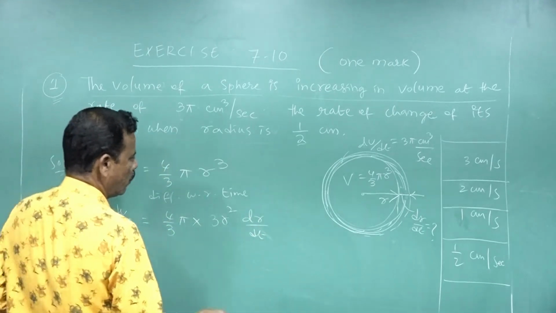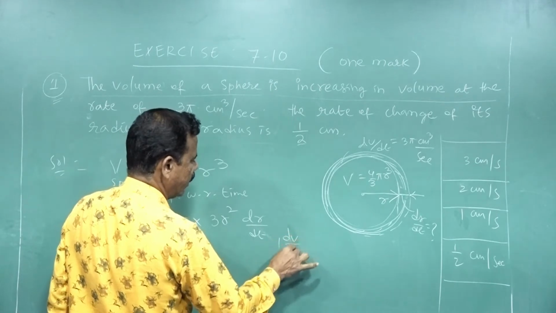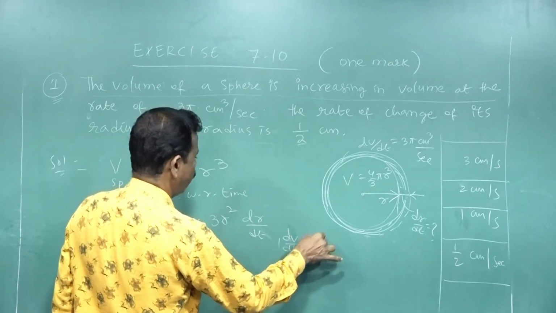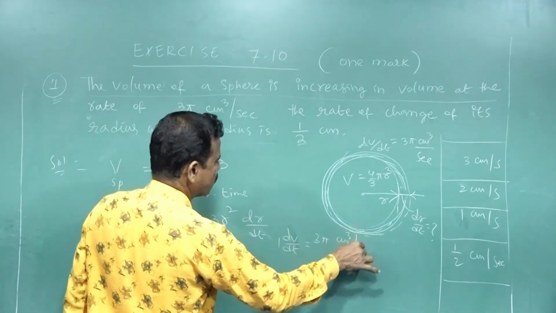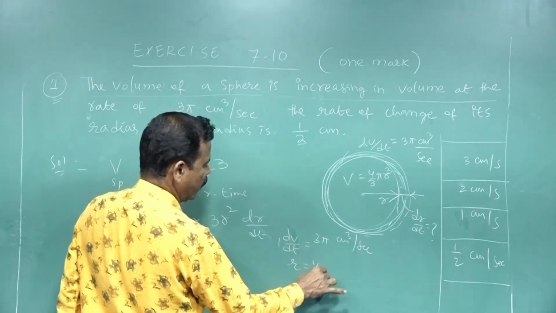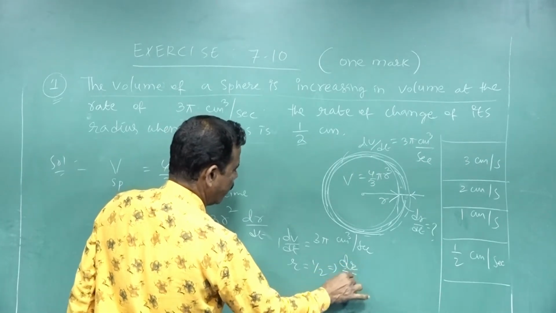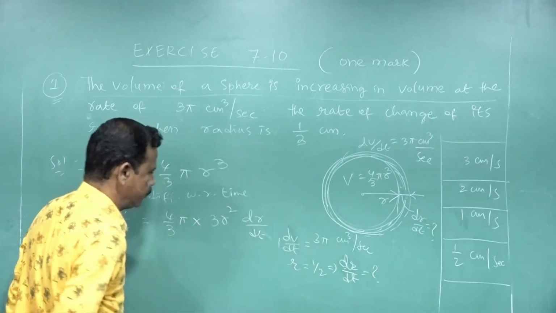What value is given here? dV by dt is equal to 35 centimeter cube per second, given. Also r is equal to 1/2. Then what is the value of dr by dt?